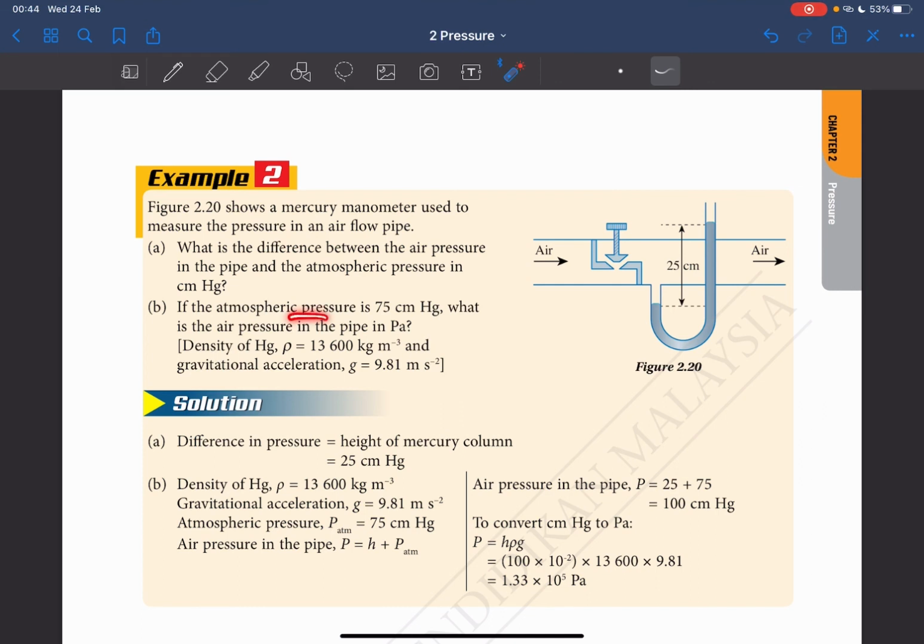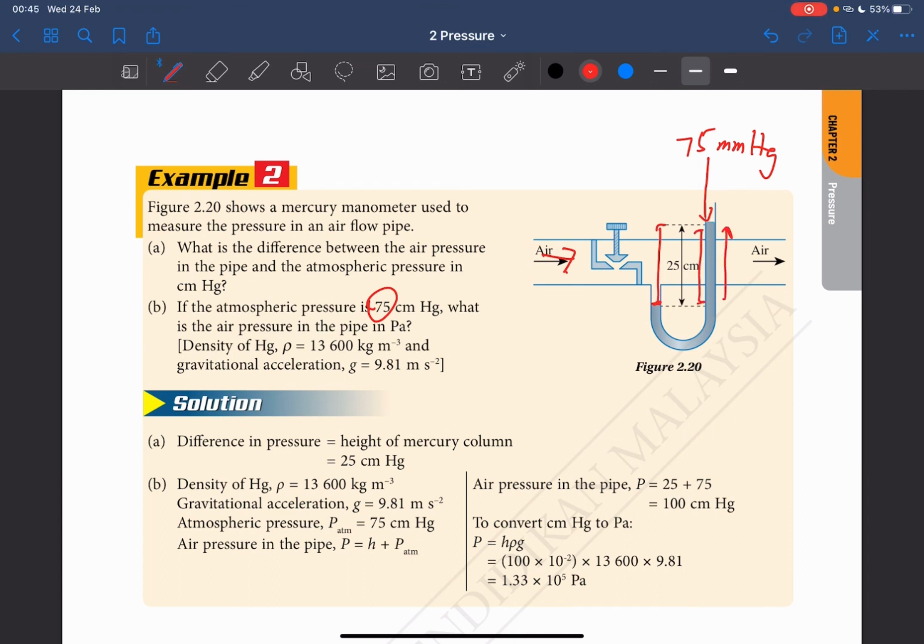If the ATM is 75, it means here is 75. What is the air pressure in the pipe in Pascal? So we know that air pressure in the pipe is stronger than ATM because it pushed 25 here. It pushed the mercury upwards.